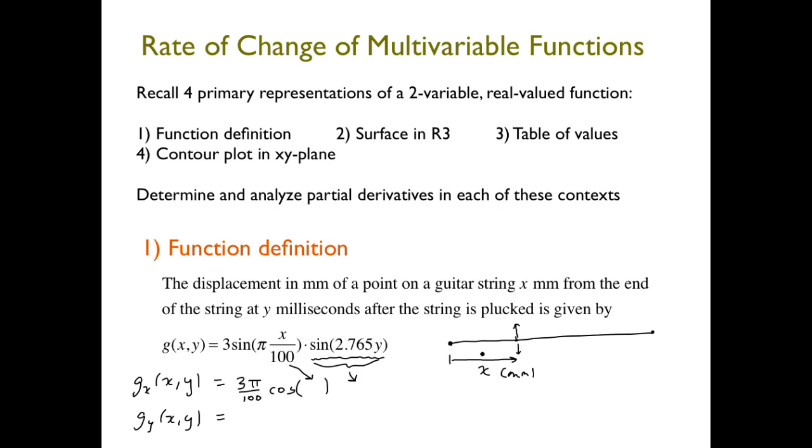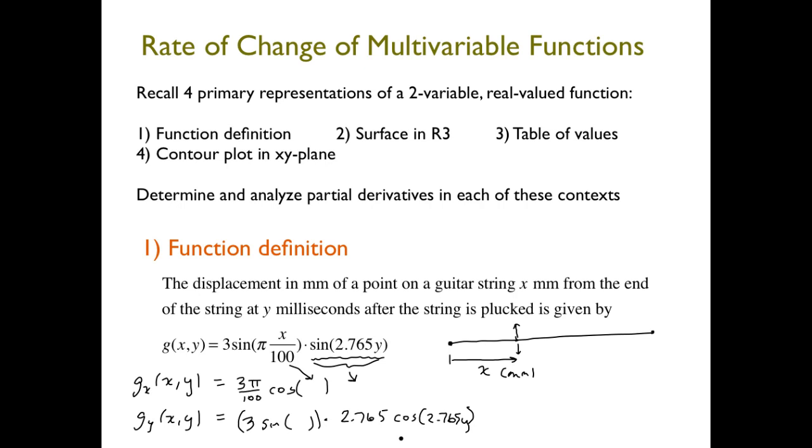And then this one will be the other coefficient times 2.765 cosine of that. And this is just the same thing as 3 sine. Okay, so you got those written out.